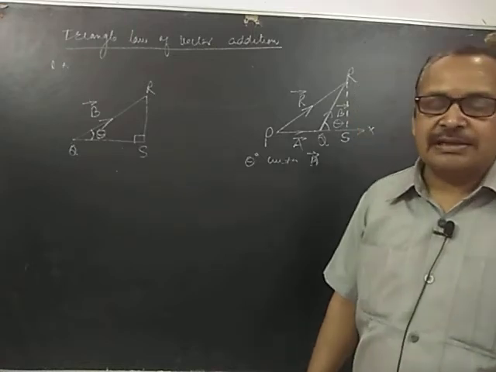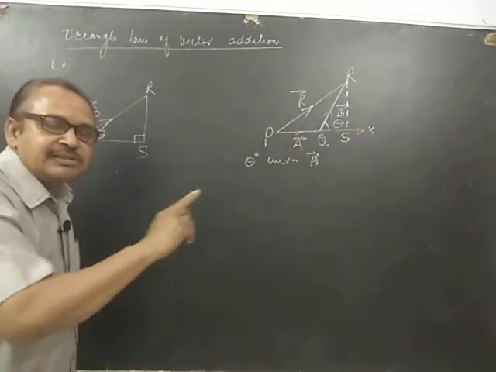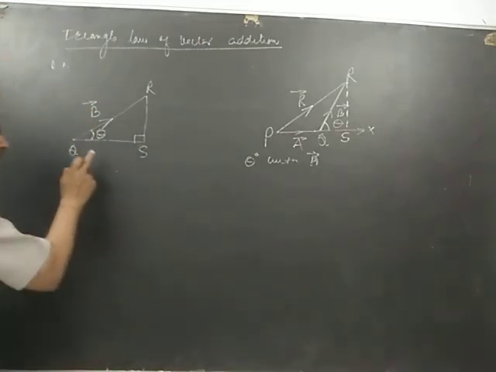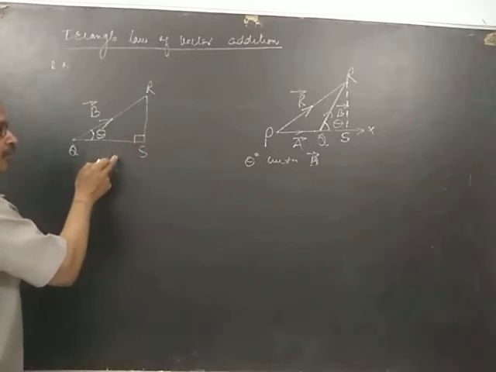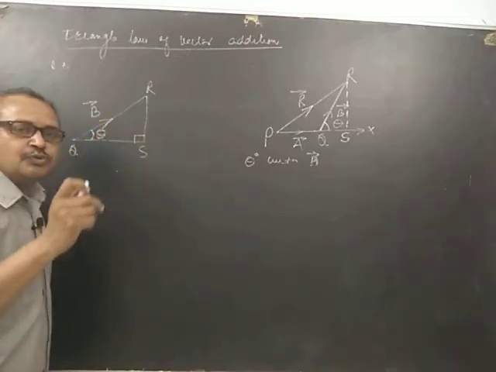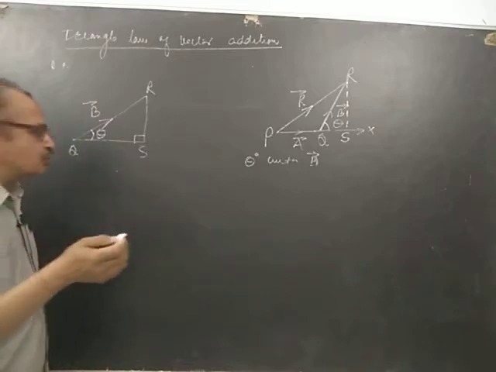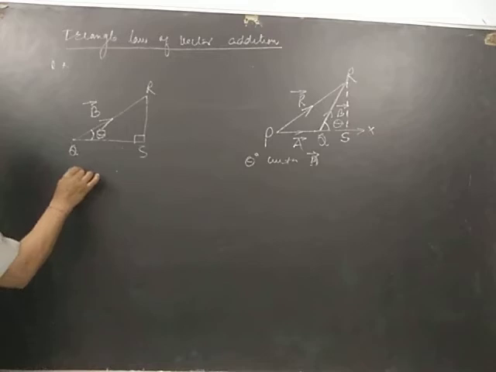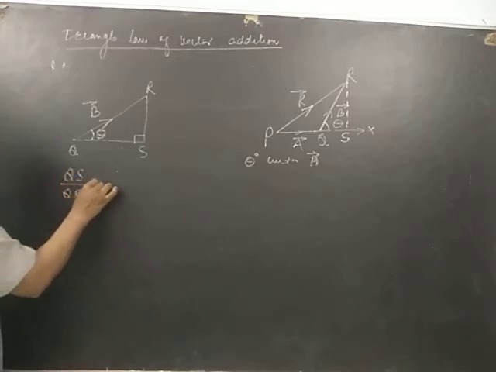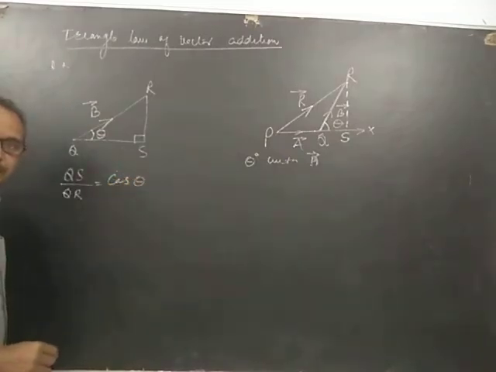Very good, right? Yes. See, in your previous classes in trigonometry, you have seen that what we have to find is QS. This is unknown, and unknown by known, that ratio we used to find. So in triangle QSR, my QS is unknown, my QR is known, and that will be equal to cos of theta.